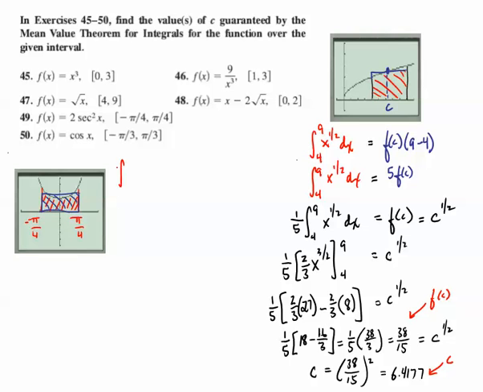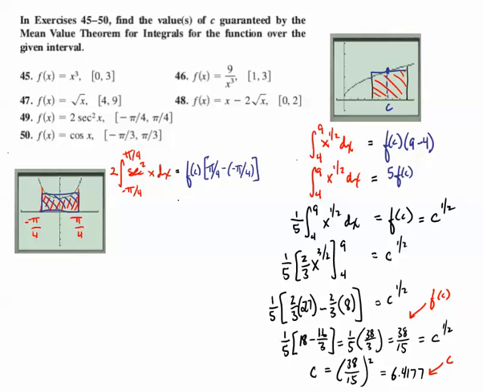We're going to set up, let's try to do this as quick as possible. I'm going to move the 2 out, because that's a constant multiple, secant square of x dx, and that's from negative pi over 4 to positive pi over 4, and that has to equal f of c times pi over 4 minus negative pi over 4.